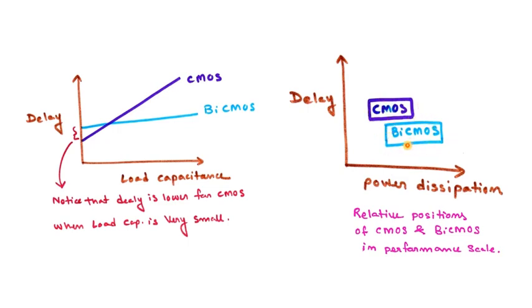For BiCMOS, the delay is lower than that of CMOS, but in terms of power dissipation, BiCMOS power dissipation is slightly higher than that of CMOS, which is due to the incorporation of bipolar technology in this BiCMOS logic family. So this gives a brief comparison between CMOS and BiCMOS logic family in terms of their delay and power dissipation.